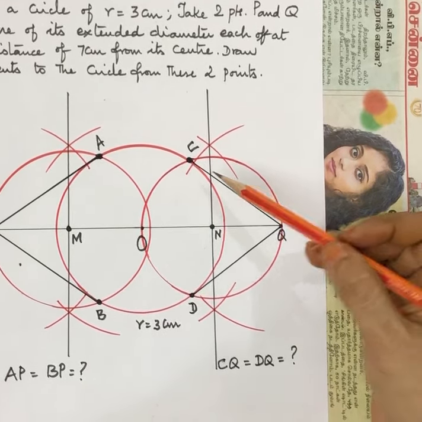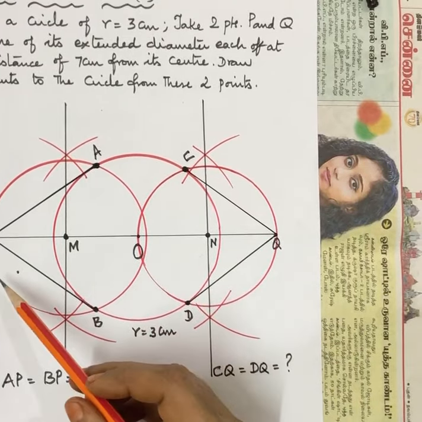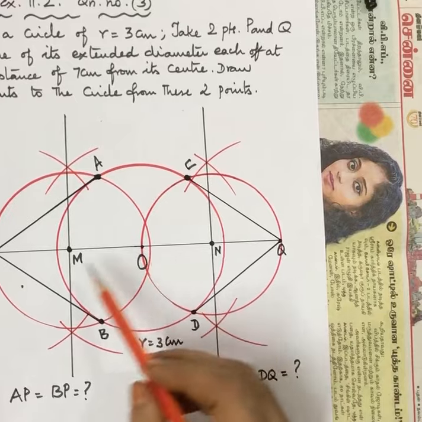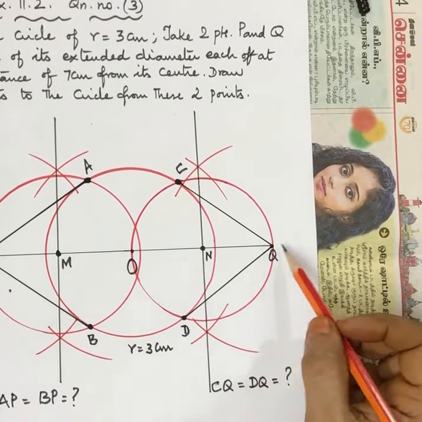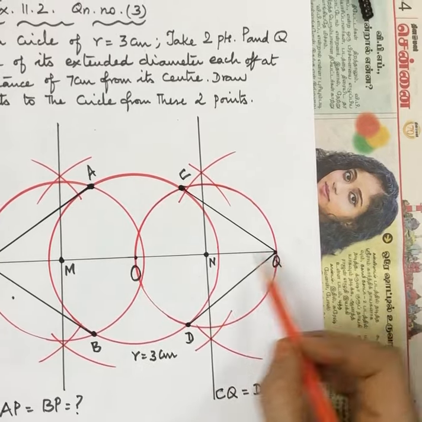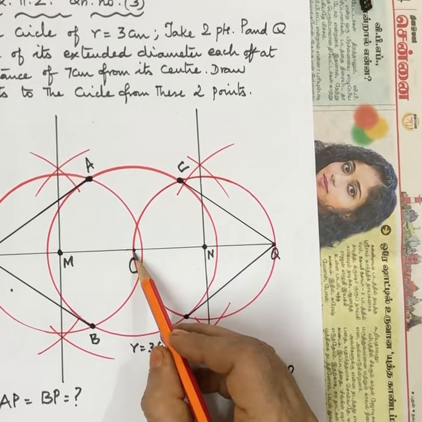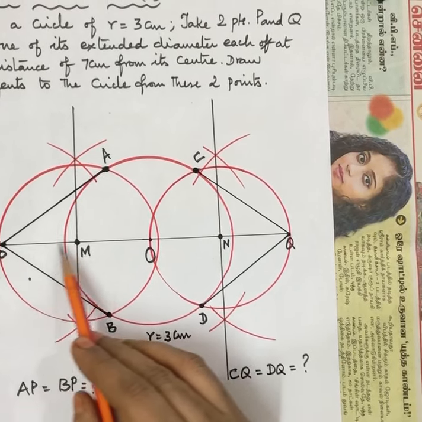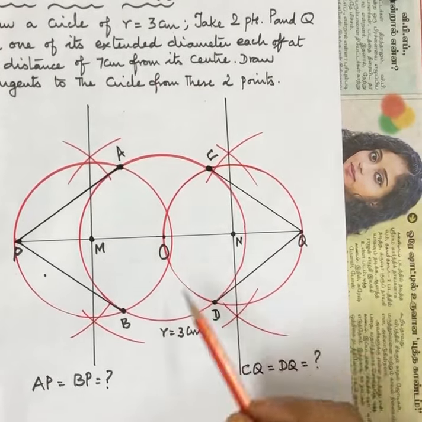Now on the extended diameter you are going to take 2 points P and Q. Both the points are of 7 centimeter distance from the center. From here 7 centimeter, from here opposite side 7 centimeter. Okay, so this PQ is called the extended diameter.